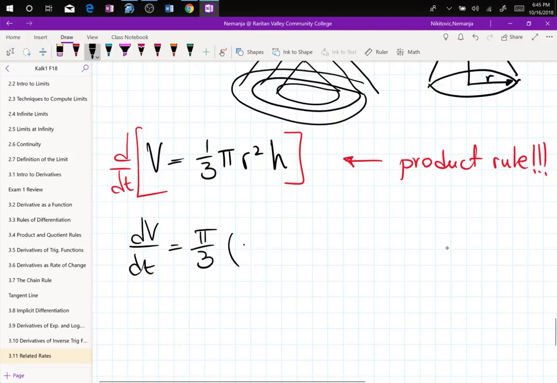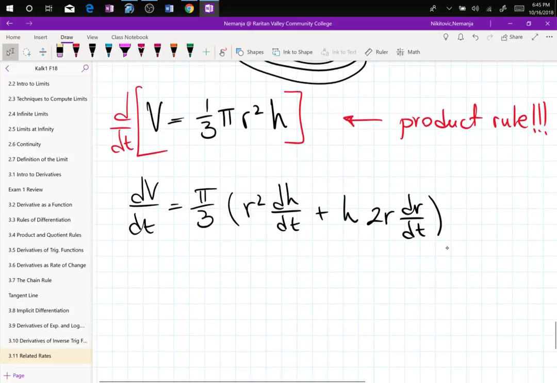Product rule: copy the first one, derivative of the second one, plus copy the second one times derivative of the first one. So standard product rule, and you see that the formula is not as nice as it used to be before, right? But it's the formula we have to work with.